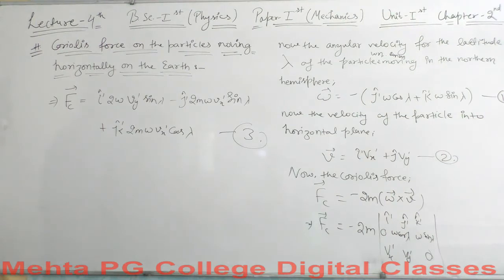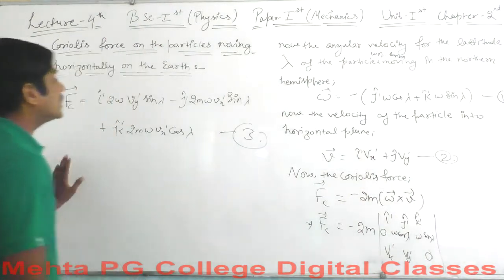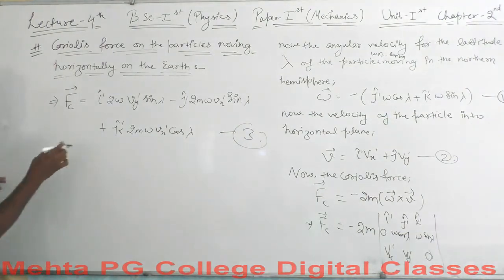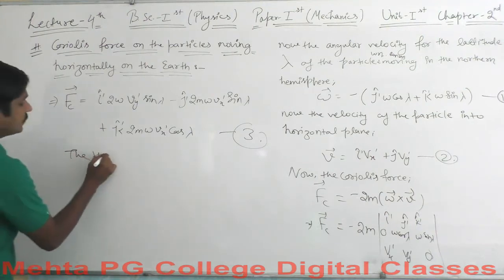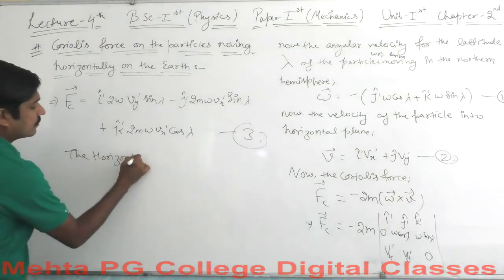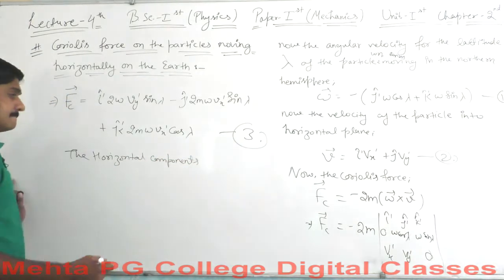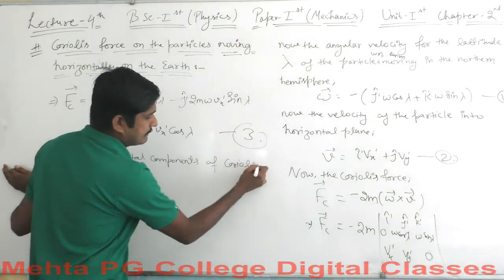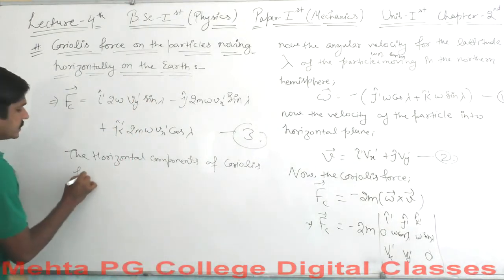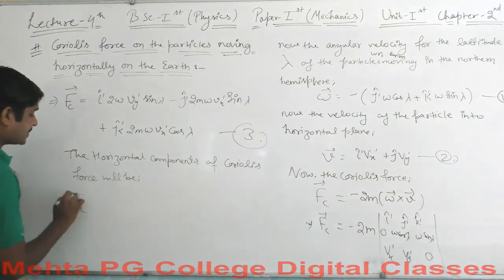Okay, but we do not need to go through that. This is the total Coriolis force in all the directions, but we will take only the horizontal components here. Let's say this is the FC here.